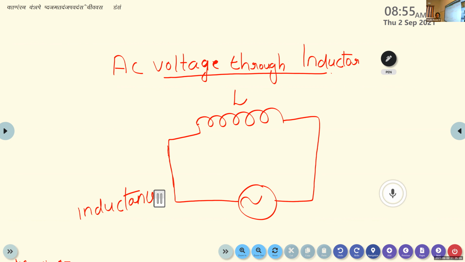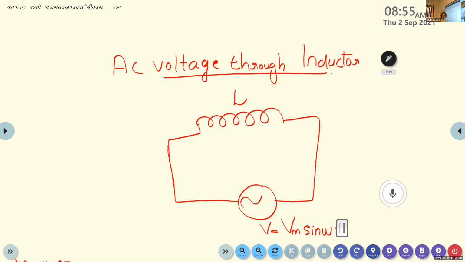And it is connected to an alternating source of EMF, V equal to Vm sin omega t.